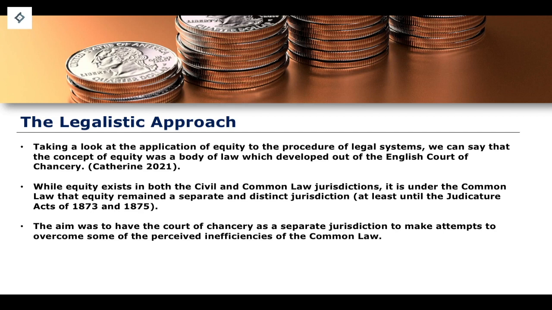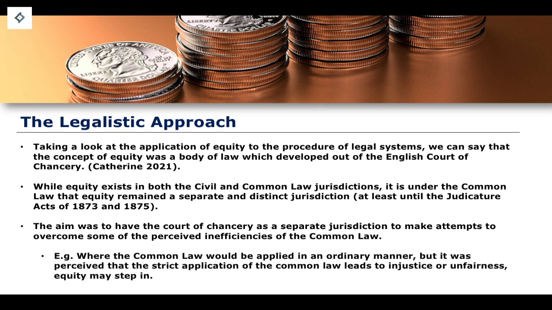Now, the aim of having a separate jurisdiction in the Court of Chancery was to overcome the perceived inefficiencies of the common law. Where the common law was applied in the correct and ordinary way, but the strict application led to an injustice or an unfairness, then equity is said to be able to step in.